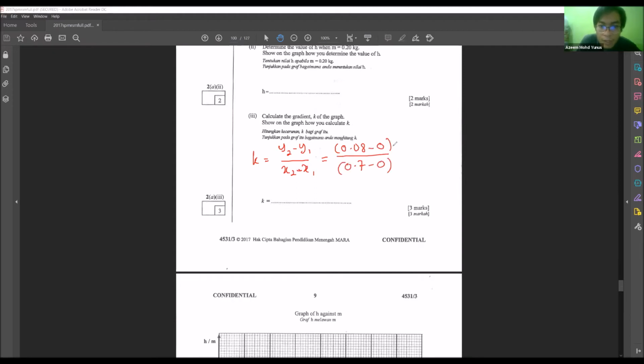So the unit is meter, this is kilogram. So plug that in the calculator. 0.1143 m kg negative 1. You don't need to put all 4 decimal places, at least 2. So the unit is basically from the gradient.